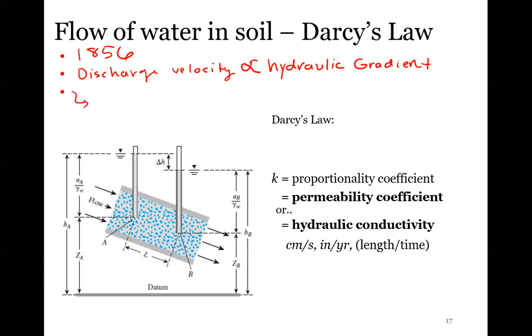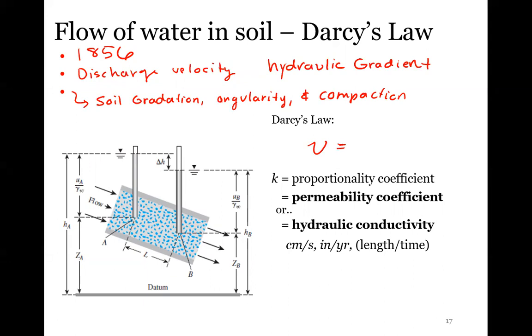So specific to soil, this is all dependent on soil gradation, the angularity, and compaction. So in Darcy's law, what he's saying mathematically is the velocity is equal to, sorry, this is not inversely proportional.